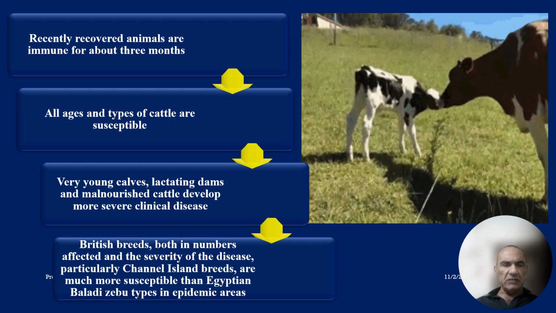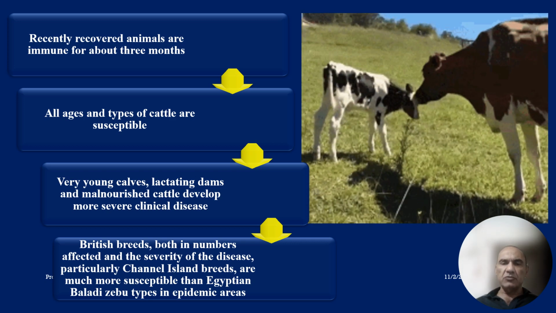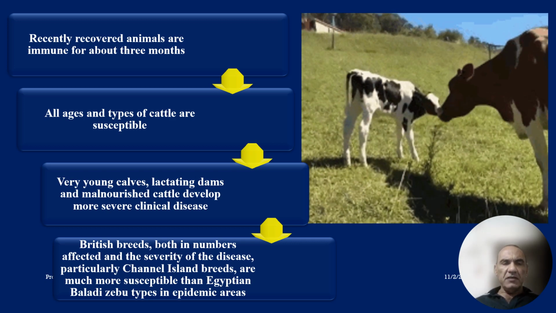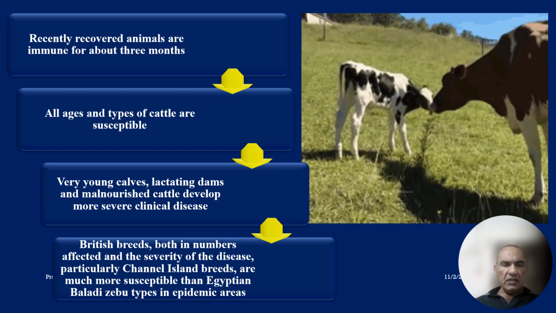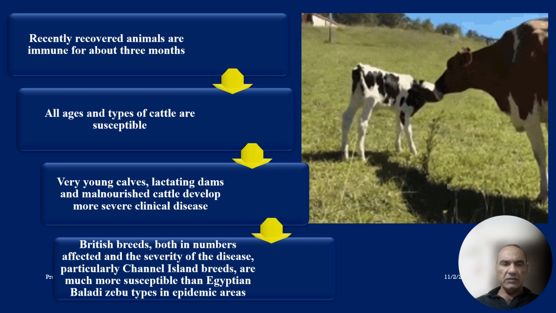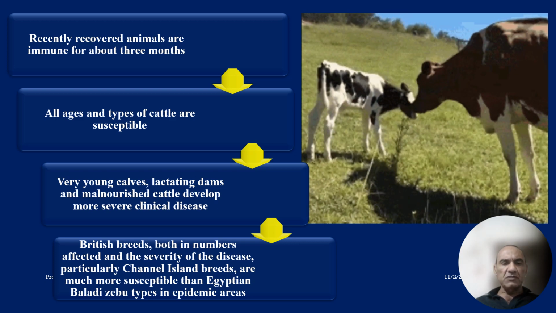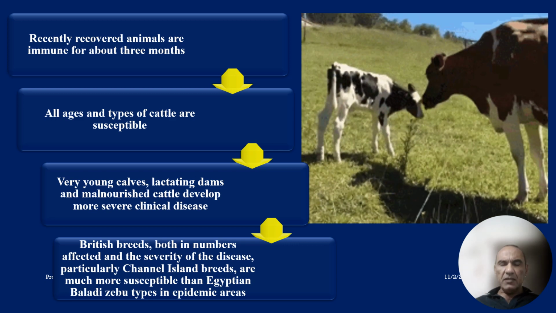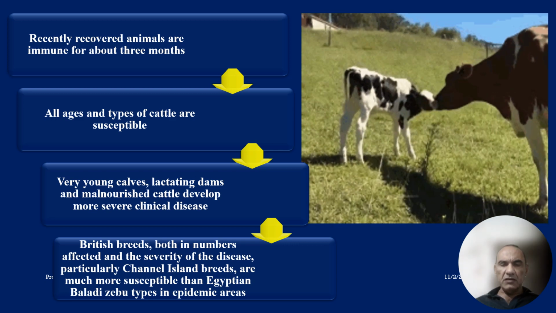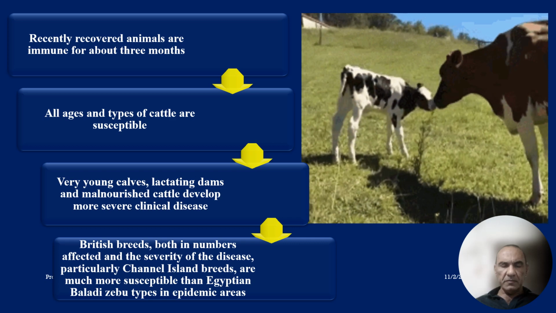All ages and types of cattle are susceptible to the disease. Very young calves, lactating dams, and malnourished cattle develop more severe clinical disease because of the reduction of their immunity.